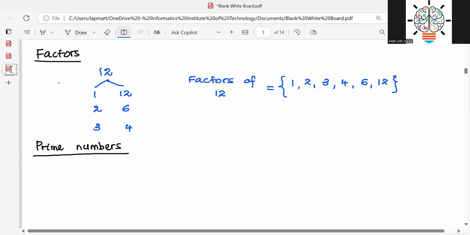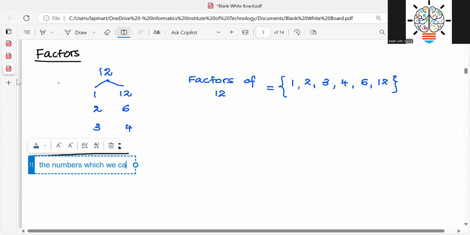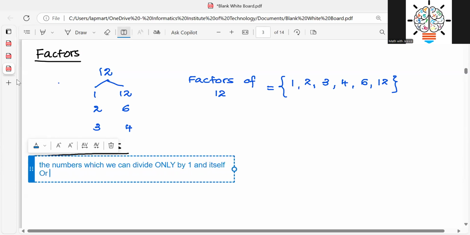The numbers which we can divide only by 1 and itself, so the numbers which are having only 2 factors. I'll show you how it works.